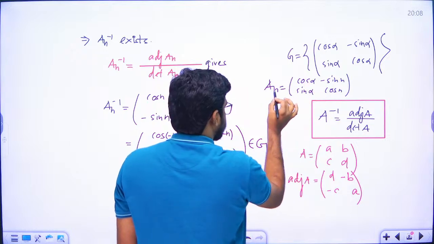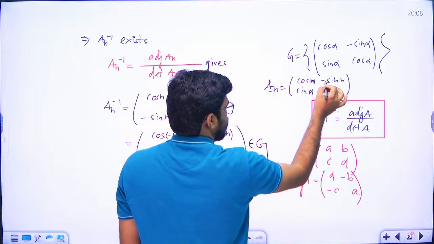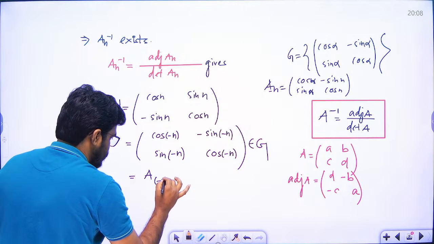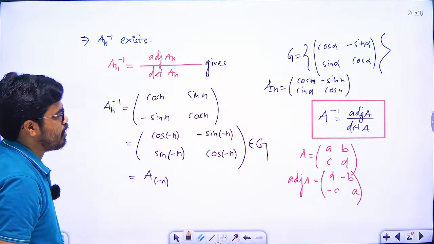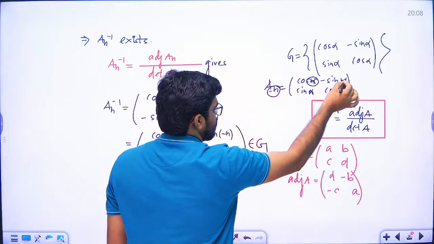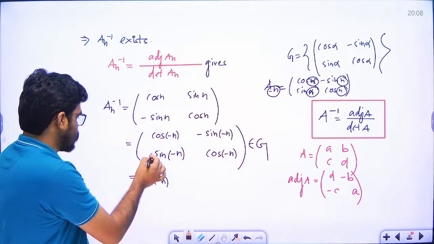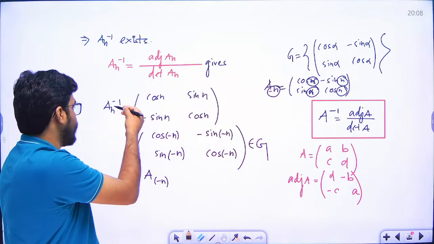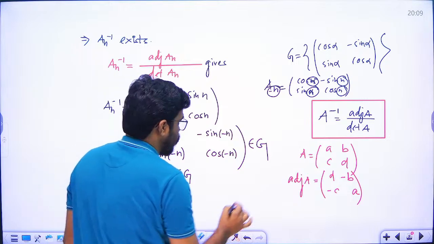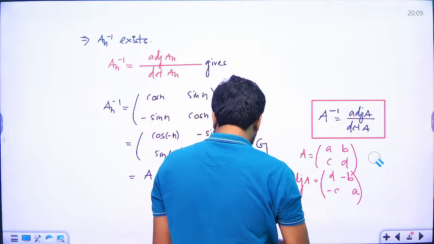If you replace n by minus n, we get cos minus n, minus sin minus n, sin minus n, cos minus n. So the inverse of an is a minus n, and this belongs to G. So we conclude that the inverse of each element exists.